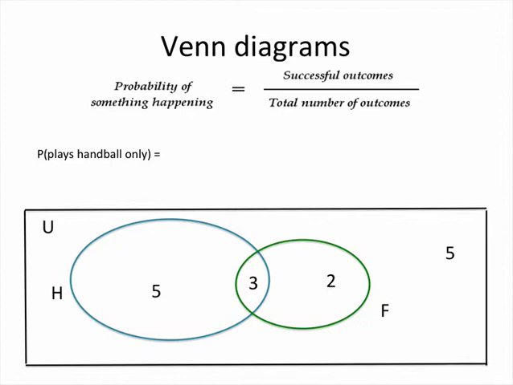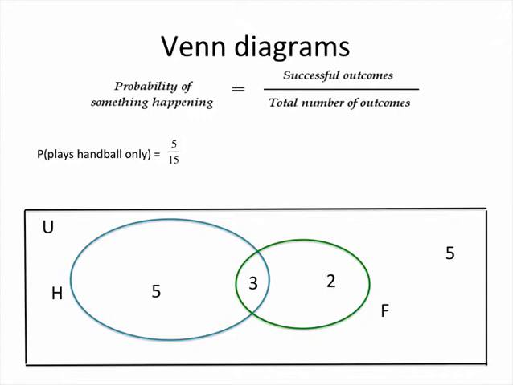We divide that by the total number in the study. How many played handball only? We look at our Venn diagram. We see the part of it that's handball only has the 5 in it, the part of the blue circle with no overlapping. There's 5 students in there. So the probability of this will be 5 over 15. The same probability as the number who didn't play anything, because there was also 5 of them.